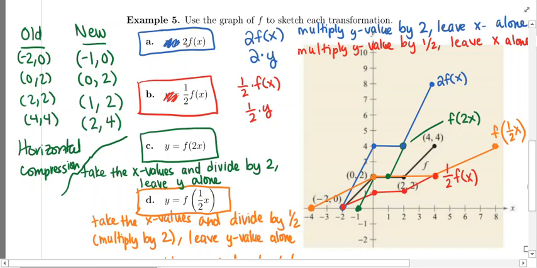That affects your y coordinate, and you leave the x coordinate the same. If instead the number multiplying x is inside the parentheses, that's going to affect your x coordinate. So you're going to leave the y coordinate alone, and you're going to take the x coordinate and divide it by the number in front of x.